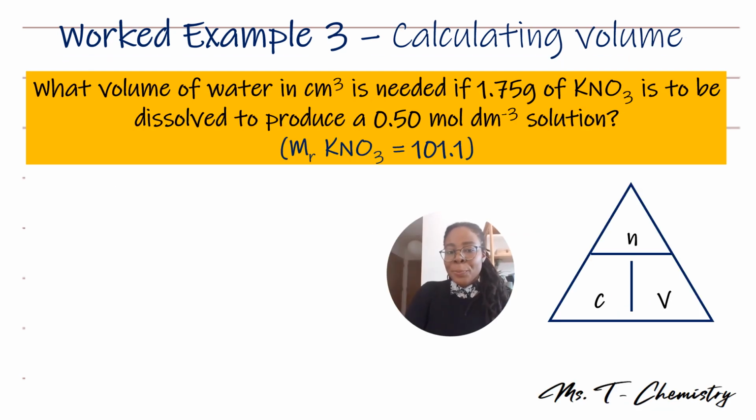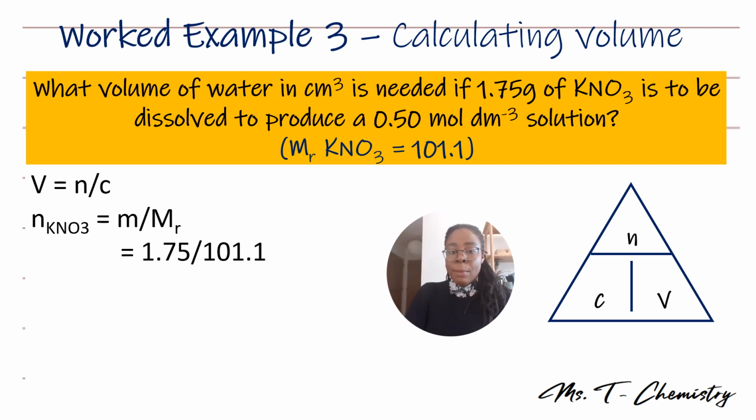Next worked example: what volume of water in centimeters cubed is needed if 1.75 grams of potassium nitrate is to be dissolved to produce a 0.50 moles per dm cubed solution? To find volume, volume equals moles divided by concentration. Moles equals mass over MR, so 1.75 divided by 101.1.